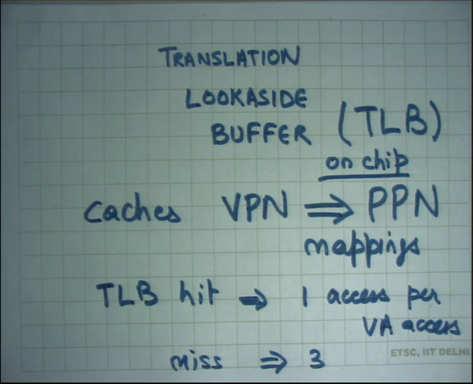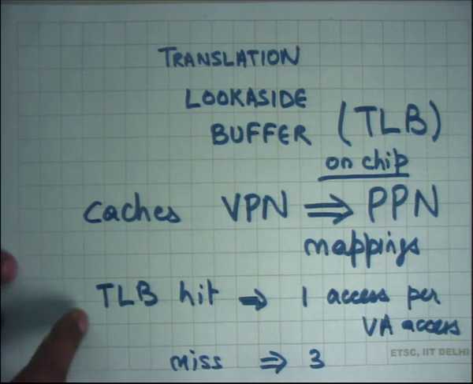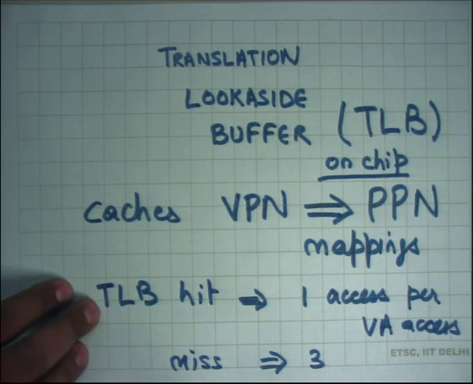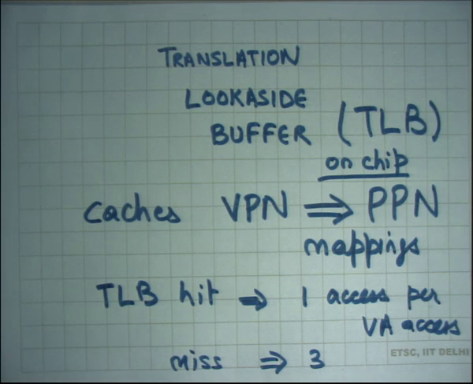If the TLB hits, you don't need to go to the physical memory. So it's important in the real world that most of your virtual address accesses are TLB hits to have any acceptable performance.